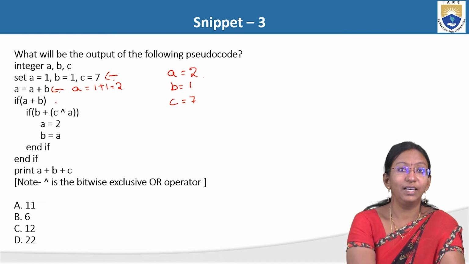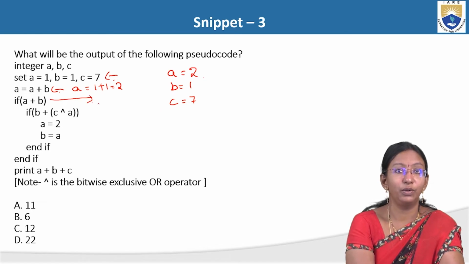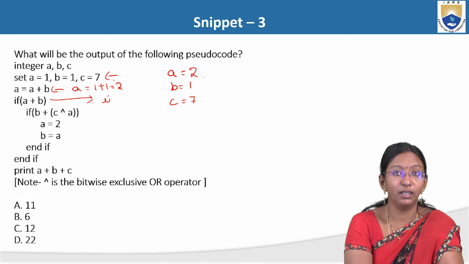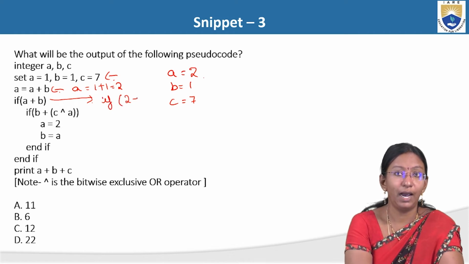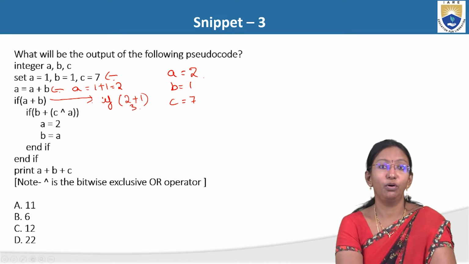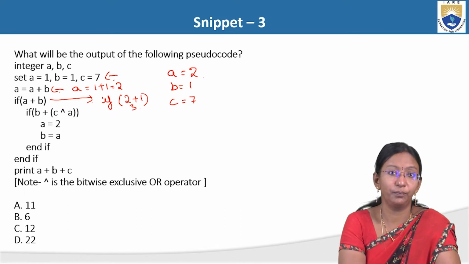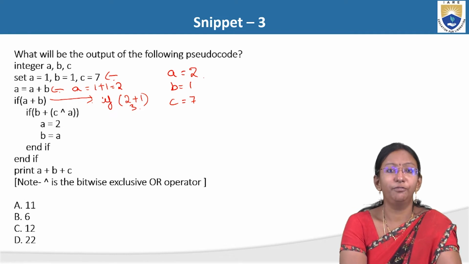Okay, so let's start the decision evaluation. So here it is saying if of A plus B. What is the value of A and B? That is 2 plus 1, which is 3. So if of 3, what do you mean by that? Very simple. Everything is true.